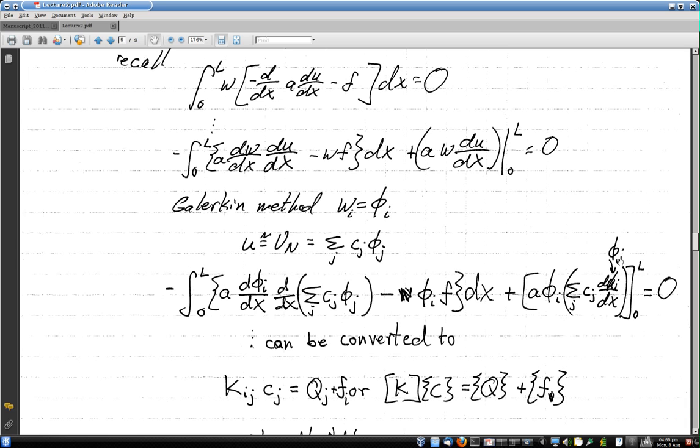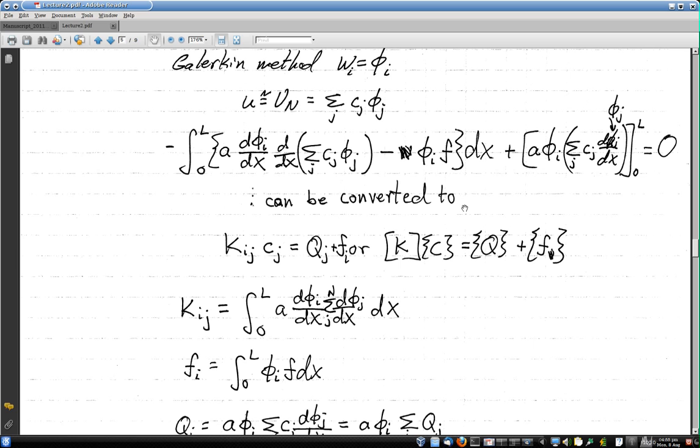So this gets closer to what we're interested in, a set of matrix equations. You need to think about how to go from this summation and these indices I to a matrix equation, right? This form here is equivalent to this matrix equation. So this is a matrix. It has rows and columns.